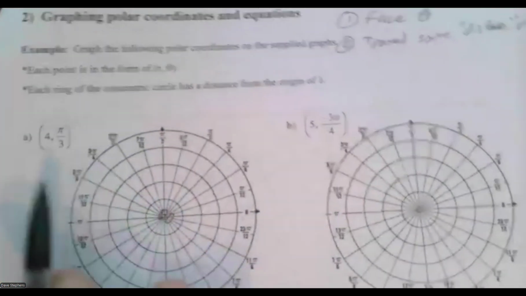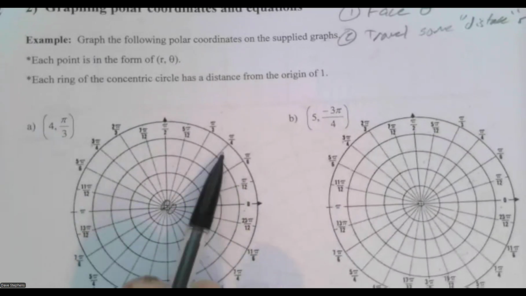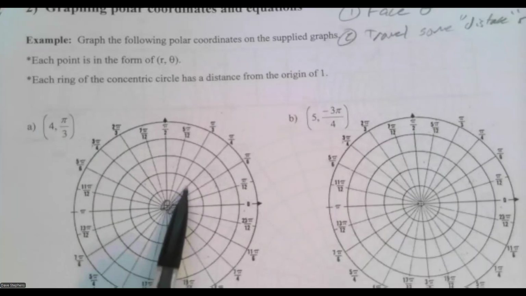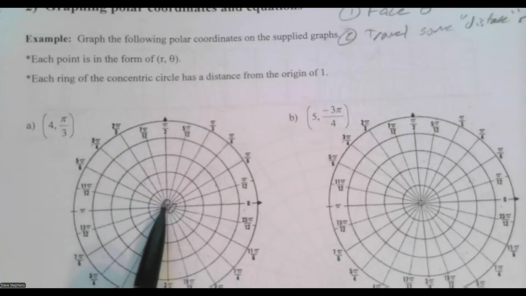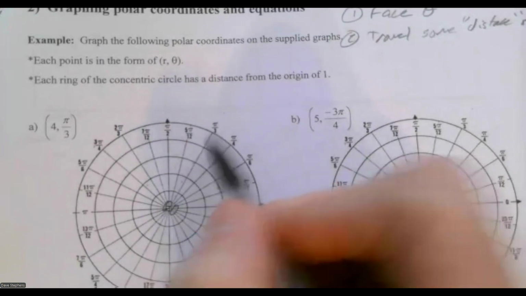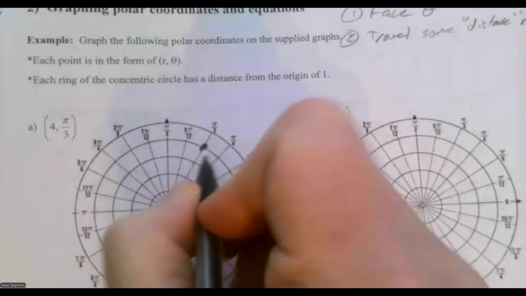All right, so for this problem here, A, we got to face pi over 3. That's 12, 6, 4. Okay, so we're going to face pi over 3. I'm going to face that direction, and then I'm going to travel 4 units away from the origin. So facing pi over 3, we travel 1, 2, 3, 4 units away. And there's our coordinate point for A.